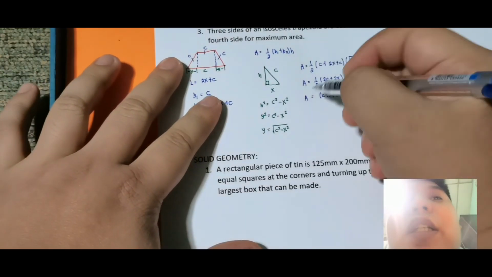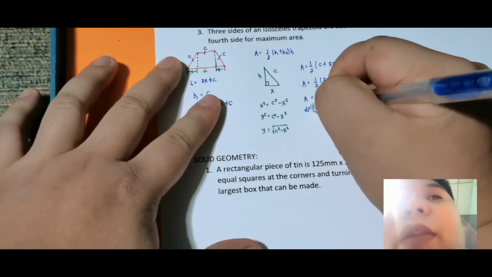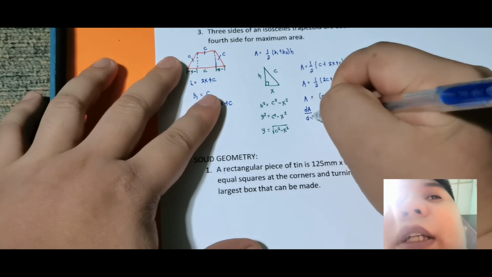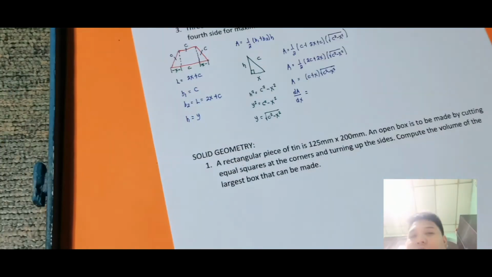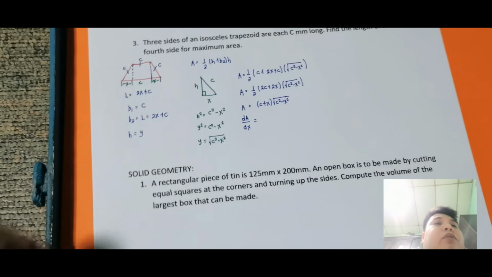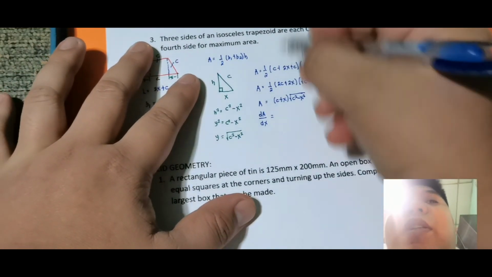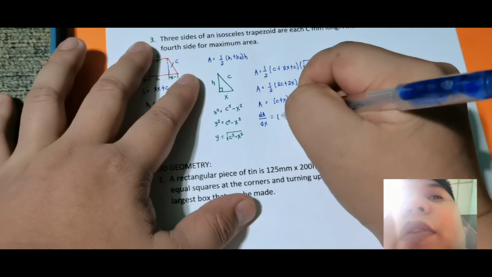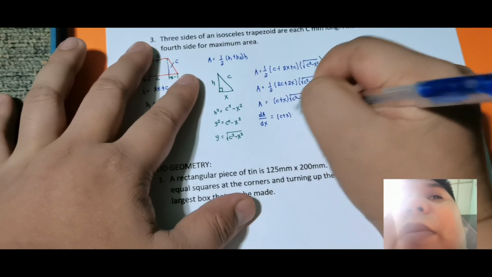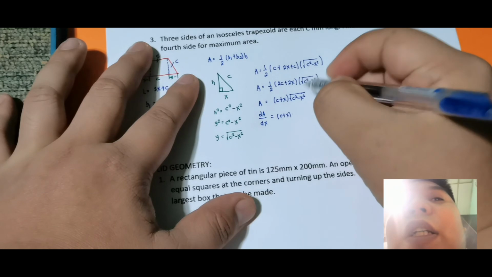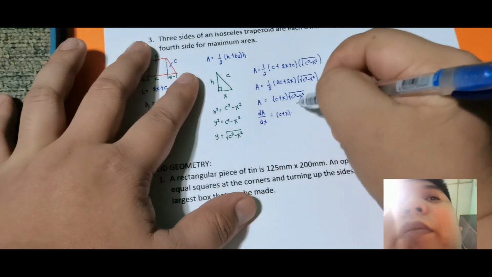Okay, so since x lang naman, so derivative of a with respect sa x is equal to, sir, paano gagawin? That is by product rule, kasi ito yung u, ito yung b. So by product rule, that is udb plus bdu. So this is c. So that is c plus x. Then derivative na itong square root na to is just constant kasi yun. So sulat ko na lang I guess.